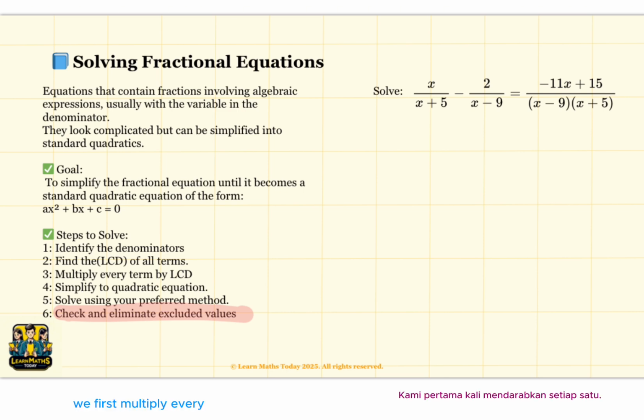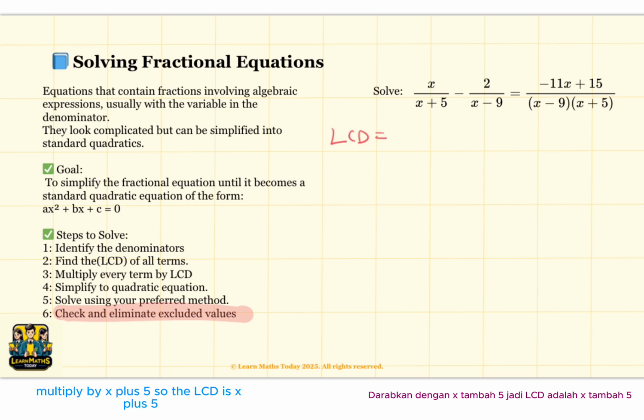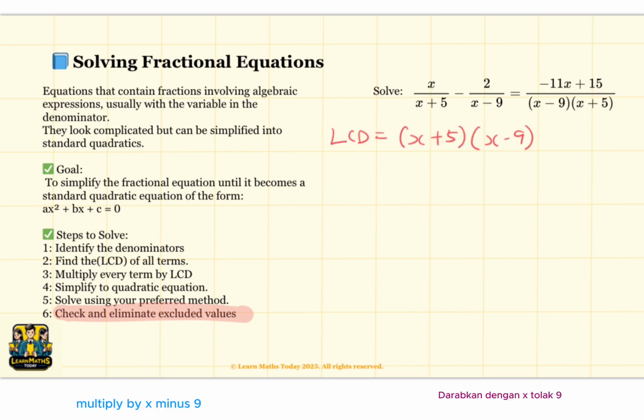We first multiply every term by the lowest common denominator. We can see that the denominators are x plus 5, x minus 9, and x minus 9 multiplied by x plus 5. So the LCD is x plus 5 multiplied by x minus 9.